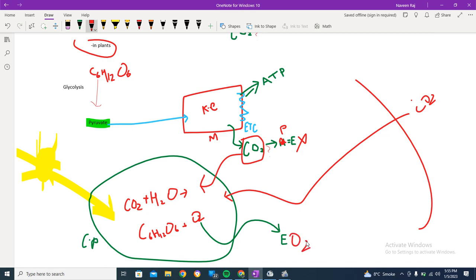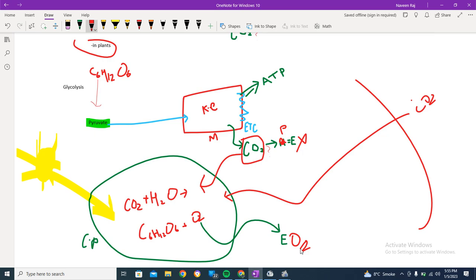How wonderful the process is, how wonderful the nature is. If the CO2 is less from the result of cellular respiration, then the CO2 is taken from the environment, and in result we are finding the oxygen, that is the survival for us, and that is wonderful.